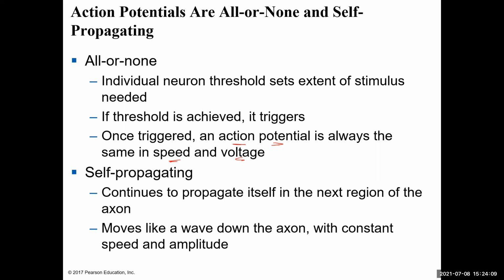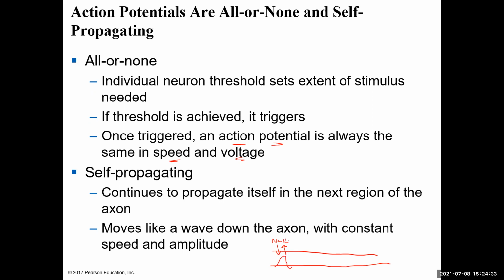It's also self-propagating, meaning that it continues to propagate itself in the next region of an axon, and it actually moves down like a wave. So let's say you have an axon and you have sodium flooding in here, potassium flooding out, that's causing an action potential here.